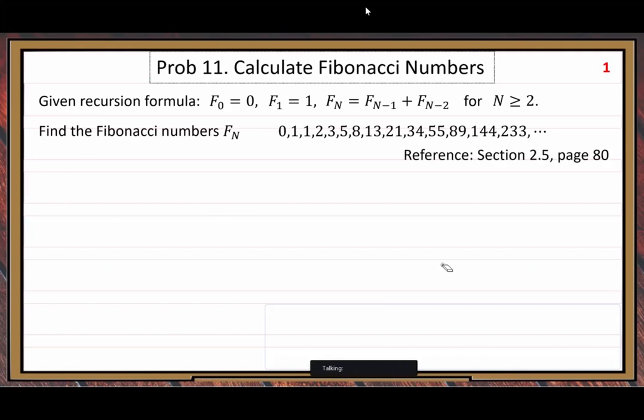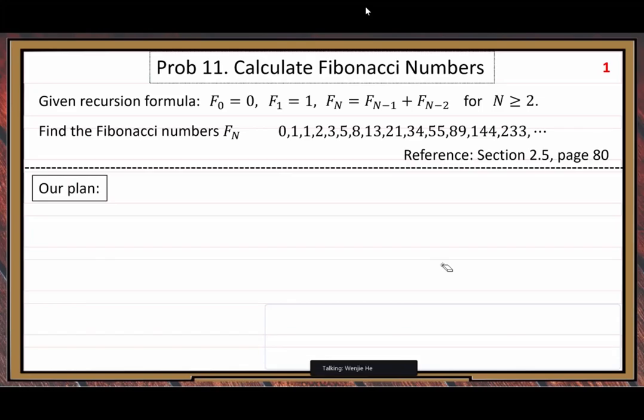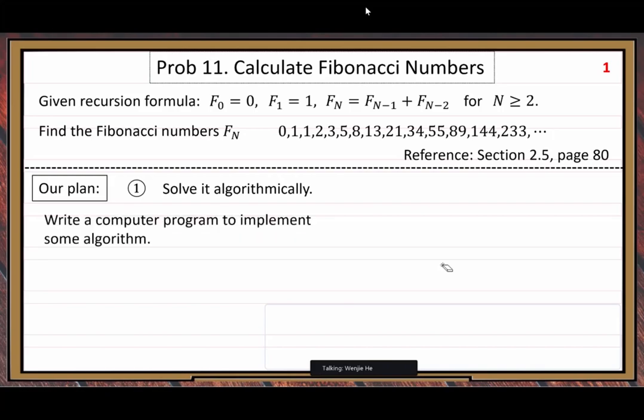Our plan here: for this question, there are two approaches. The first approach, we solve it algorithmically. We develop some algorithm and write a computer program to implement it. But there is another approach: solve it mathematically.